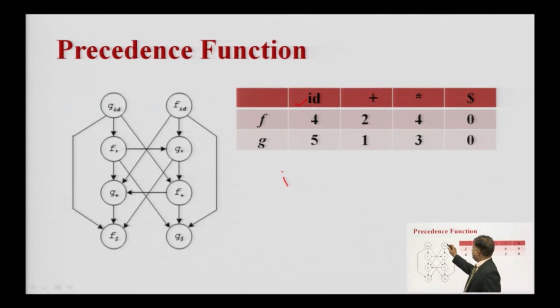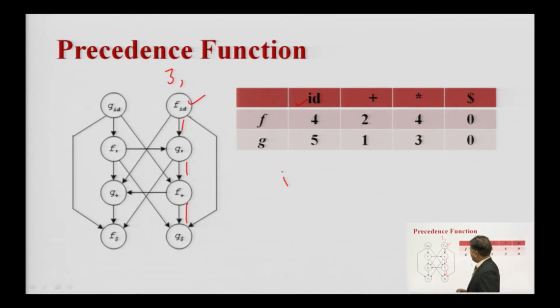I start from F id, and this is the first way, F id to G plus to F plus to G dollar, right. So, this is the end, that means the longest path which I can travel from F id is 3.